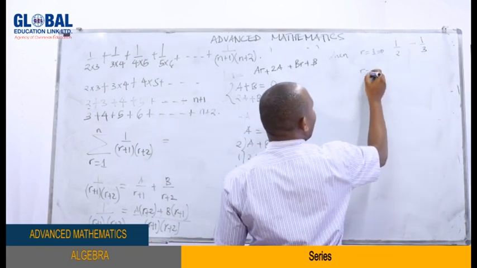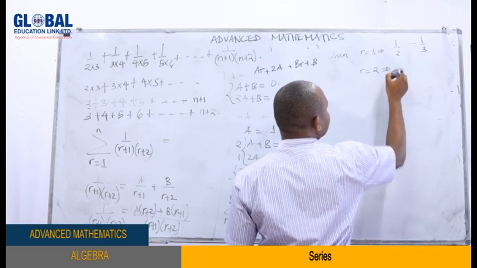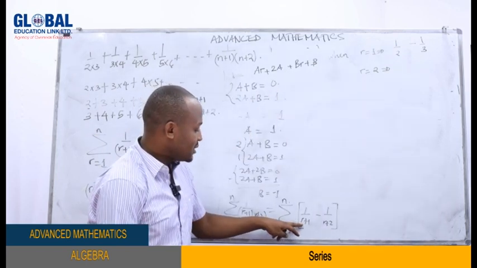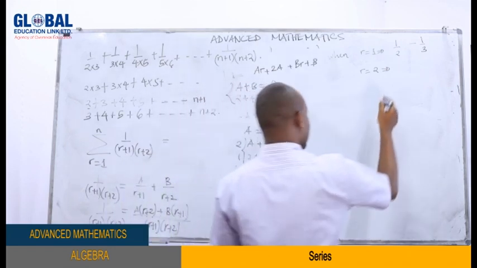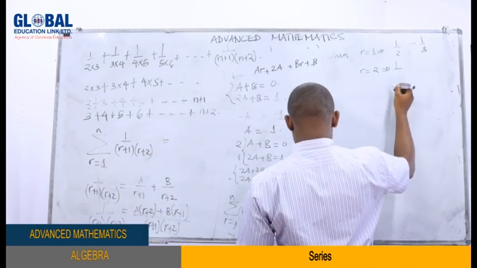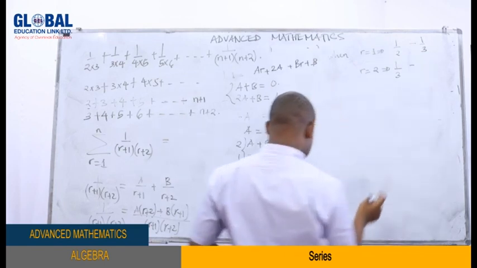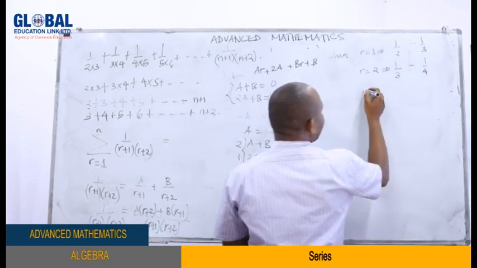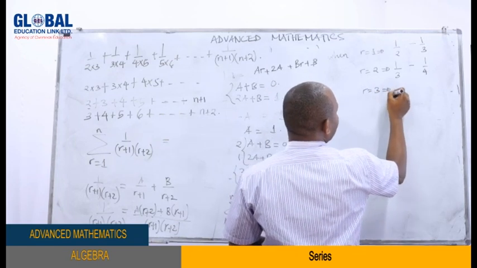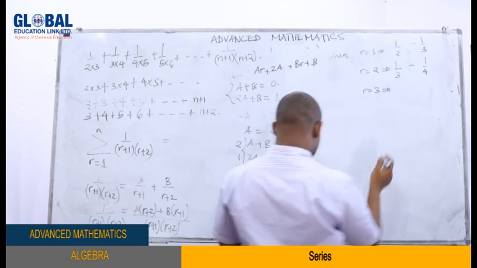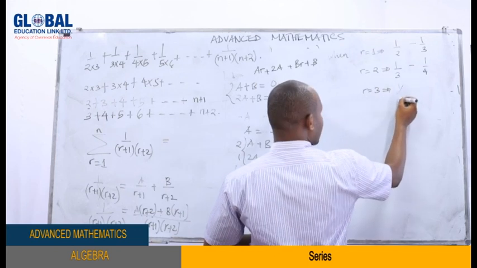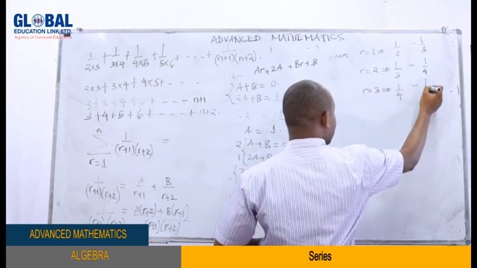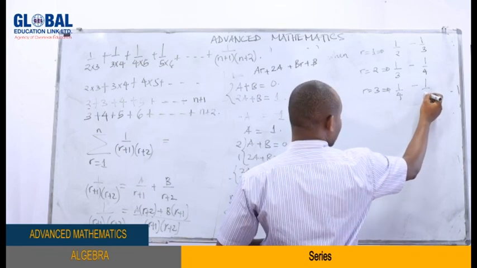And when r is equal to 2, we are going to have 1 over 3 minus 1 over 4. And when r is equal to 3, we are going to have 1 over 4 minus 1 over 5.